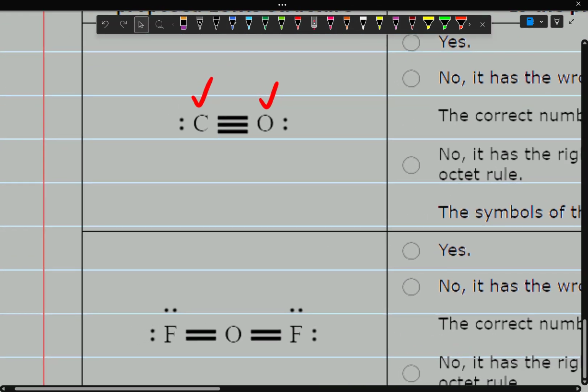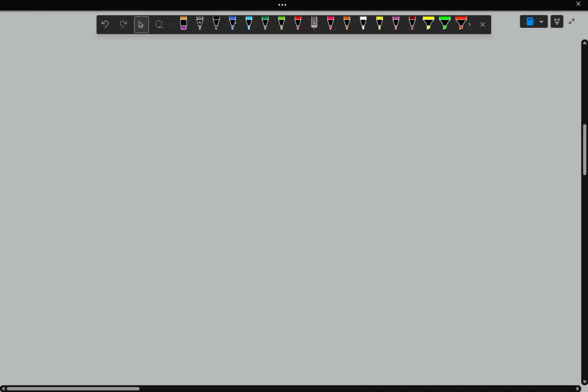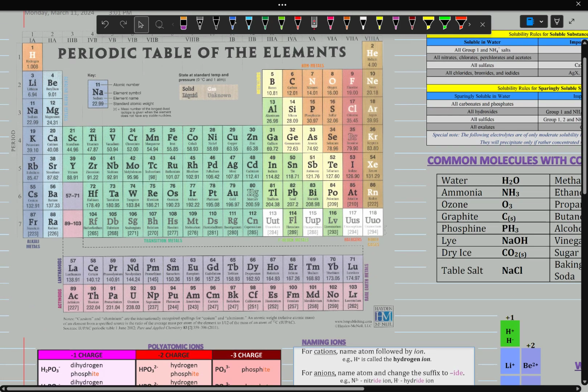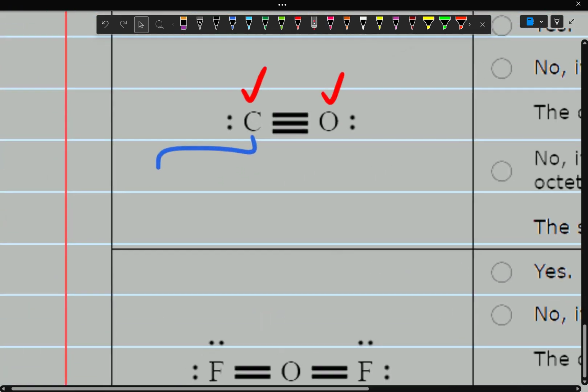Well, to figure that out, we need to see what group each element is in. Carbon is in group 4, meaning it has 4 valence electrons. And oxygen is in group 6, meaning it has 6 valence electrons.